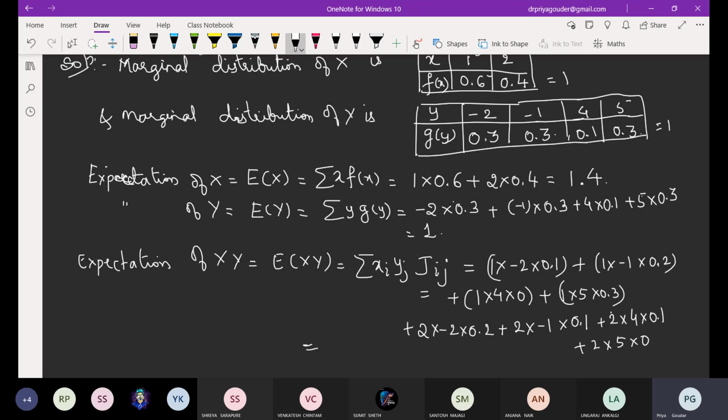What is the answer? 0.9. Very good. The answer is 0.9. This is the expectation of xy.